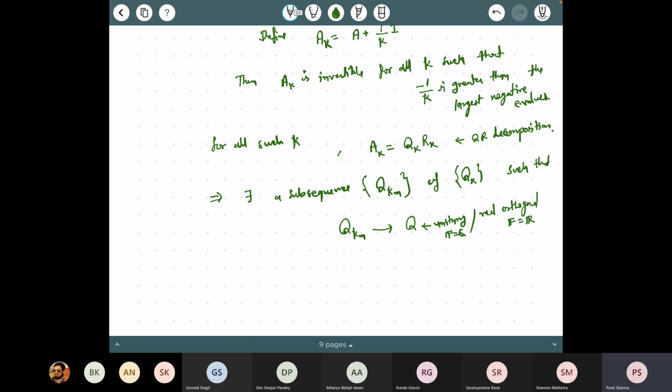So this is fine. Now, corresponding to Km, I can look at Rkm. When m tends to infinity, what is this Rkm? It is nothing but the limit as m tends to infinity of Qkm star A Km.